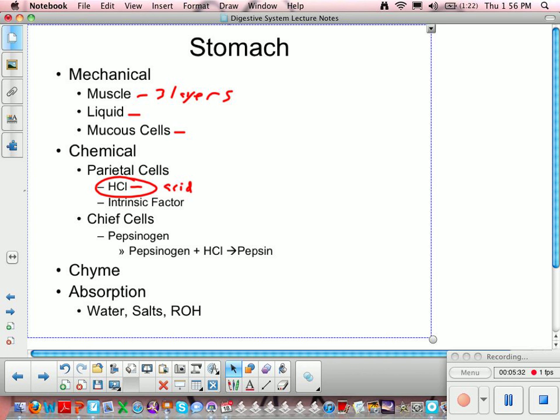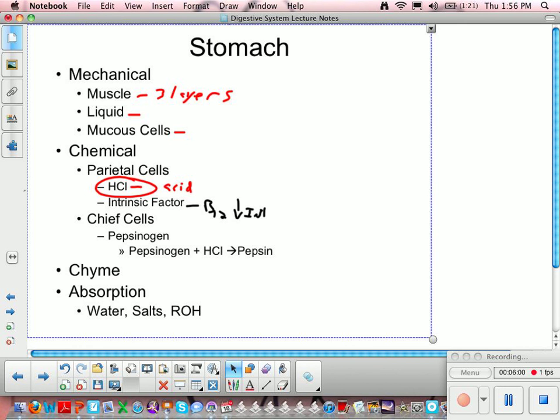They also produce an intrinsic factor, which doesn't really come into play till later on when we want to absorb B12 in the small intestine. So that's what the intrinsic factor is for. The hydrochloric acid helps to break apart the bonds that are holding the food together.